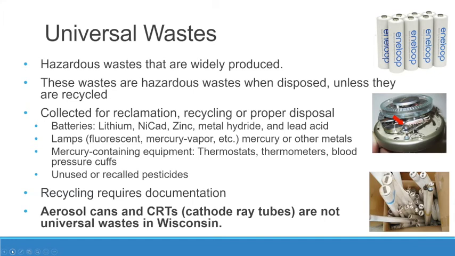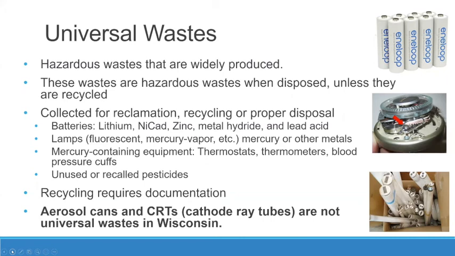Lamps. A lot of facilities use fluorescent lamps and mercury vapor lamps, and also kind of going hand in glove with that are other mercury-containing equipment and mercury-containing devices, which would be thermostats or thermometers, thermostats probably being the most common. So lamps are regulated because of the mercury content, and then mercury-containing equipment such as thermostats are regulated because of the mercury itself.